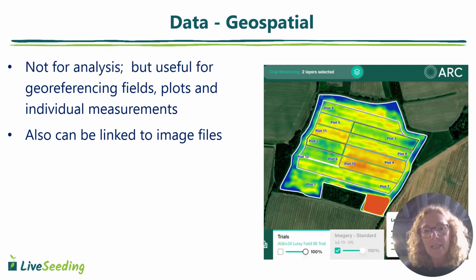So in this example here, you can see there's several different plots been laid out in a field. It's useful if you want to go back to that field in future years, if you've done some georeferencing out there with some of the tools that will give you a GPS location for a plot, then you can find it again in future years, depending on how precise your GPS signal is.